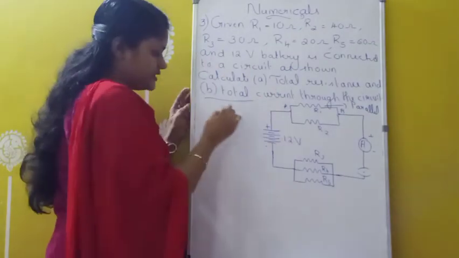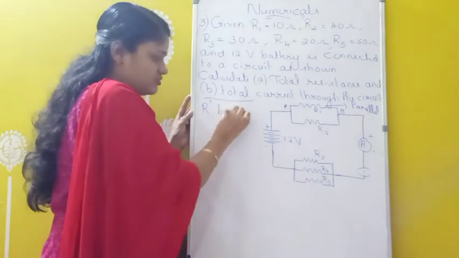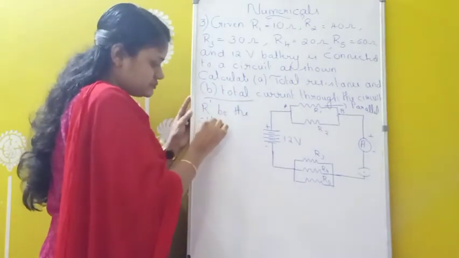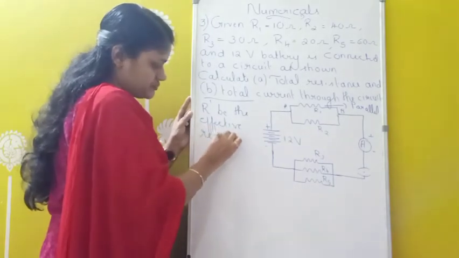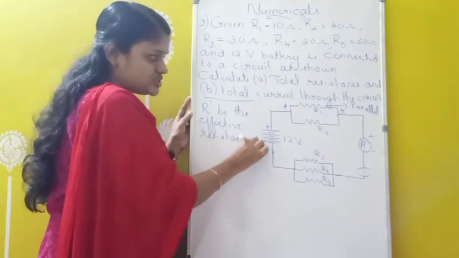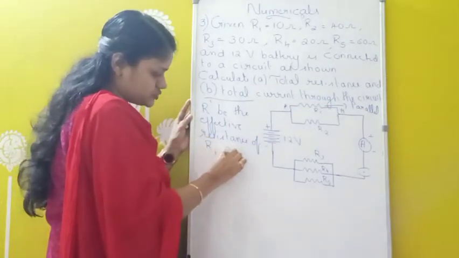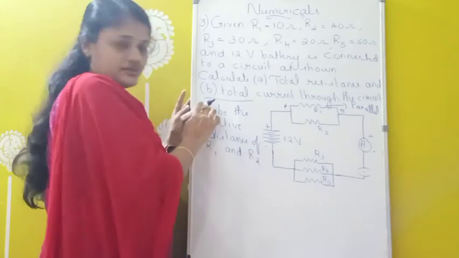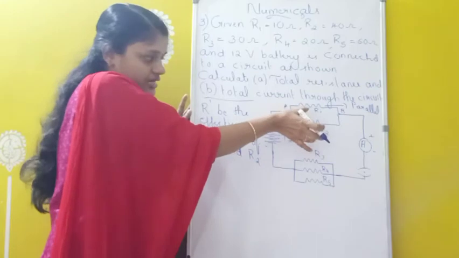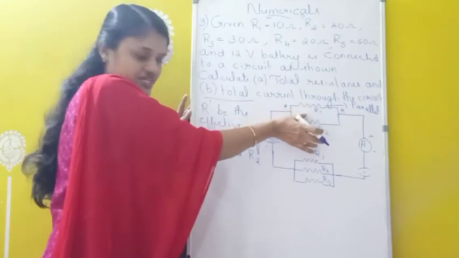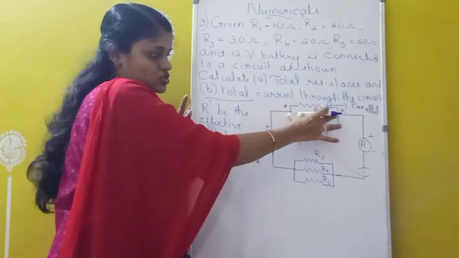Let R dash be the effective resistance of R1 and R2, which are in parallel combination because they are connected between two common terminals.